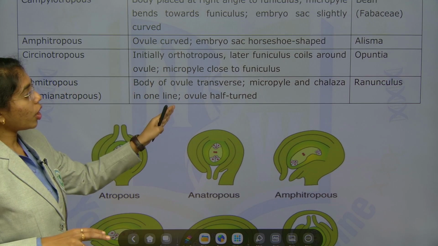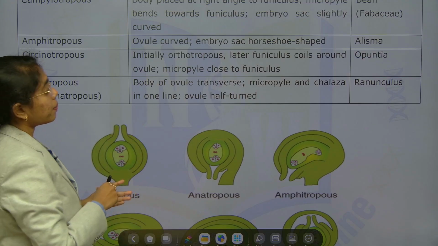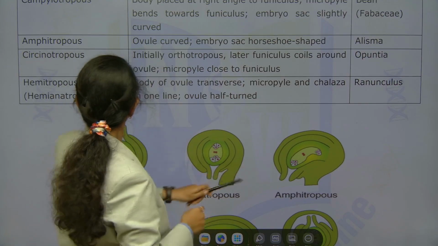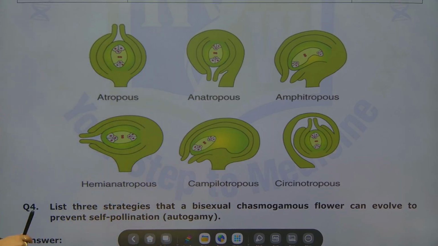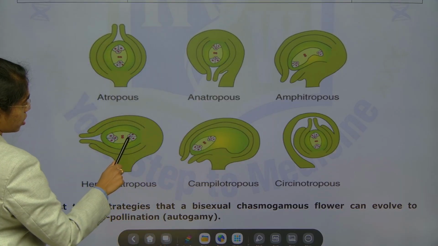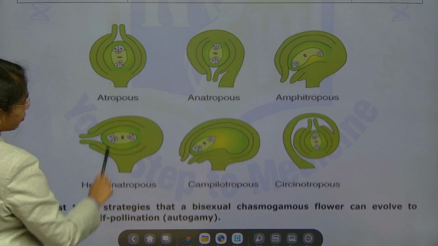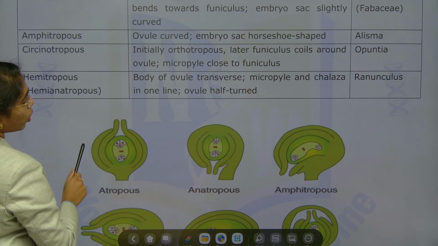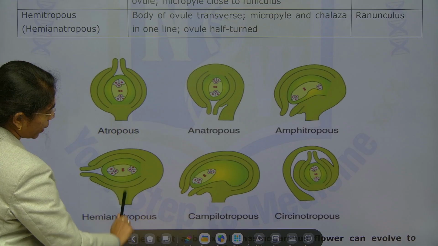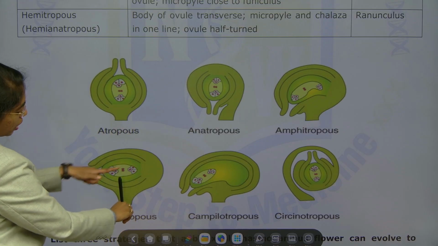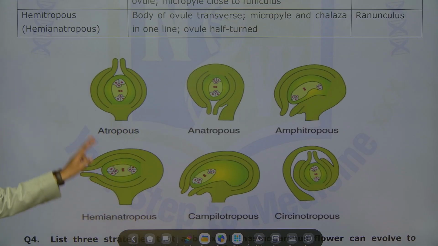Here the body of the ovule is transverse, where micropyle and chalaza are perpendicular to the funicle.